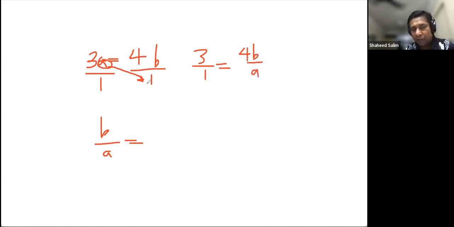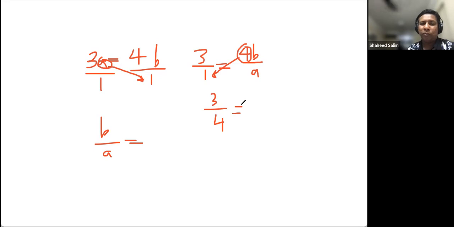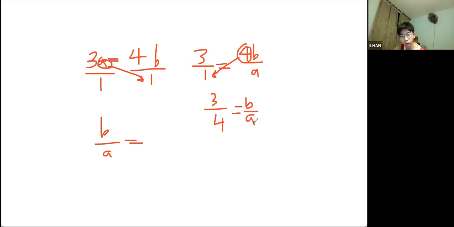I push it down here. A times 1 is A. And then this 4, I can also push down here. So you get 3 over 4. B over A, right? So 4 over 3. You got 4 over 3 here.